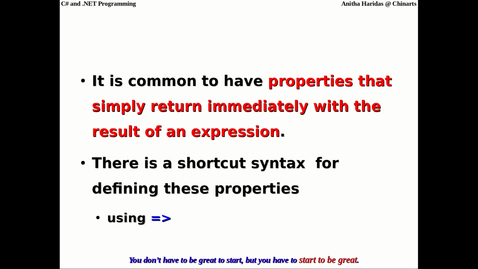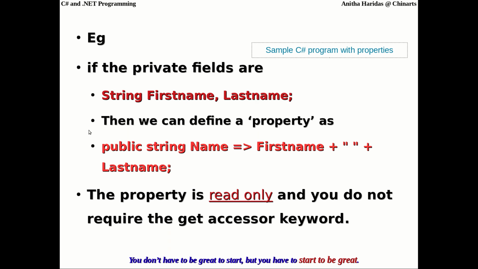In those cases, I can use a shortcut syntax for defining these properties using the notation equal to greater than symbol. This is a shortcut syntax used for defining a property that generally returns a value. We will see an example here.